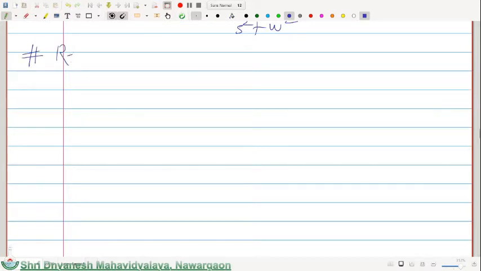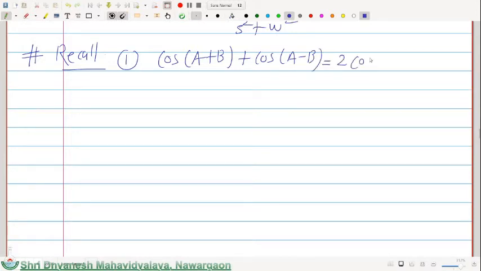So recall: number one, cos(a plus b) plus cos(a minus b) equals 2 cos A cos B. Number 2, sin square A equals (1 minus cos 2A) upon 2.